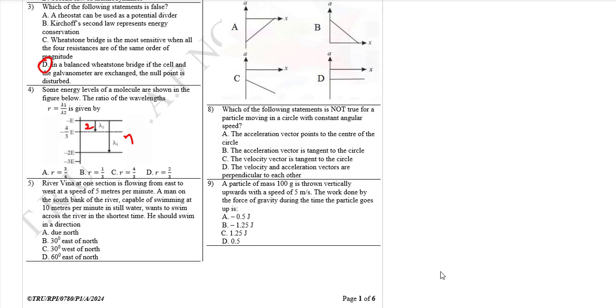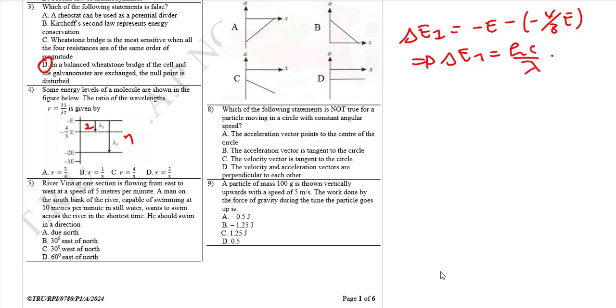Now this has a wavelength lambda 2 and this is lambda 1. Now what do we see? We are going to calculate the variation of the energy. Let me say delta E1, and it is going to be negative E minus negative 1/3 E. But remember that the variation in energy will be equal to Hc divided by lambda.